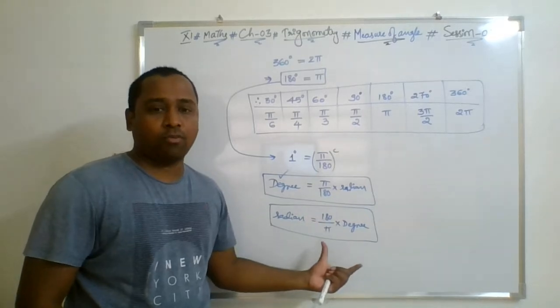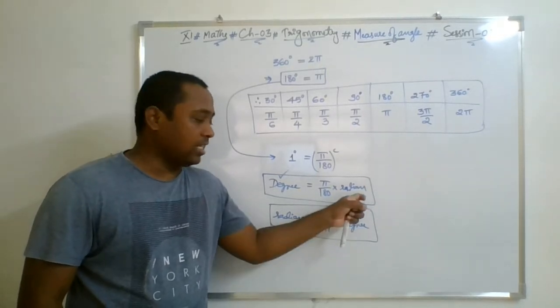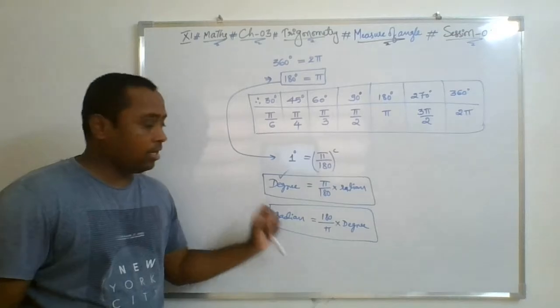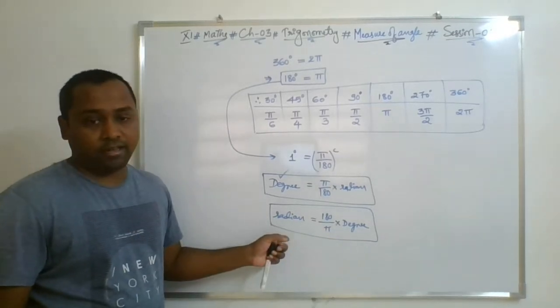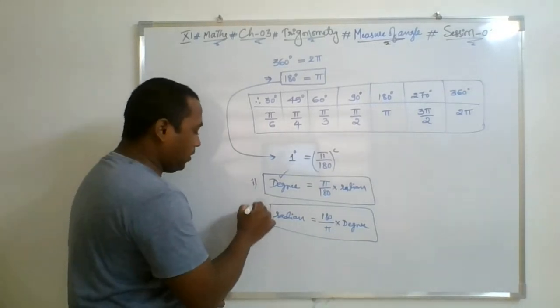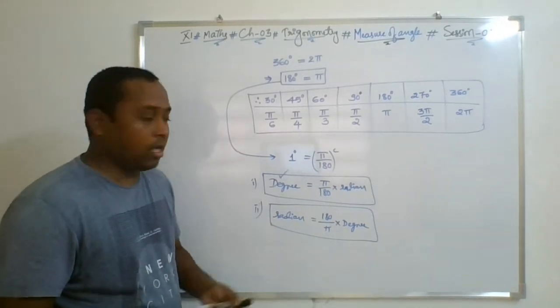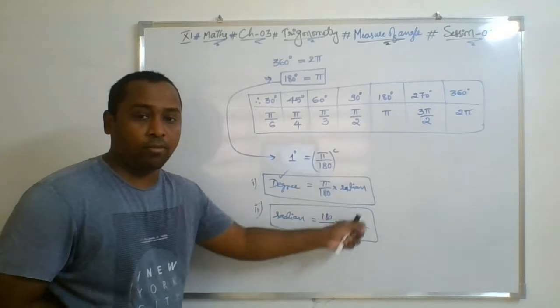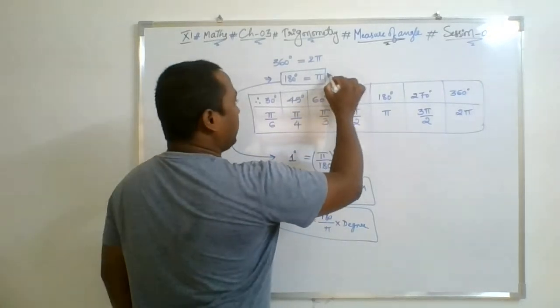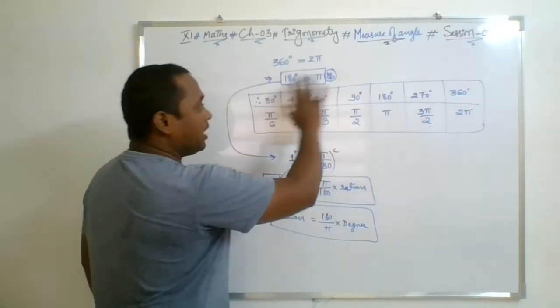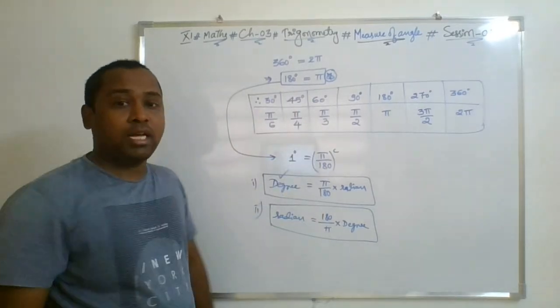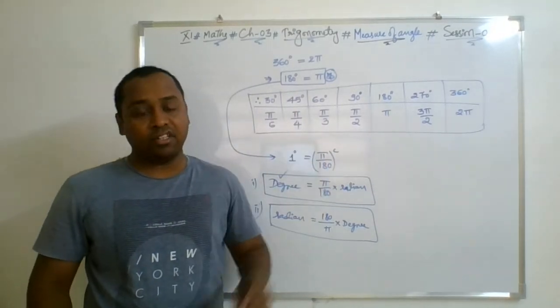These are the two formulas you can use to convert radian to degree and degree to radian. If you do not remember the formulas, or have any confusion, just remember this statement. It is sufficient to convert degree to radian and radian to degree.